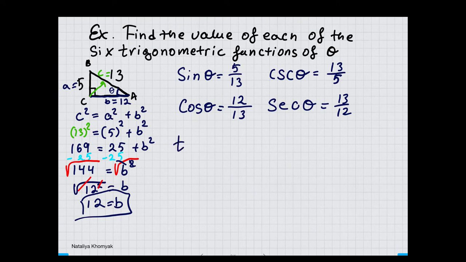And last but not least, tangent of theta is opposite, which is 5, divided by adjacent, which is 12. Then the reciprocal of tangent is cotangent of theta, and we just flip the fraction, 12 out of 5.